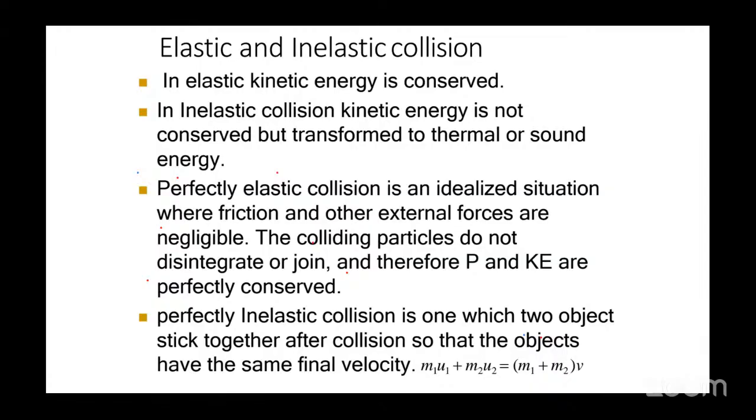Let me give an example of a trailer and a small sports car colliding headlong. When that happens, of course, we know that the trailer will move the small sports car in its direction. Because of the power of the trailer, it will move the smaller car in its own direction.